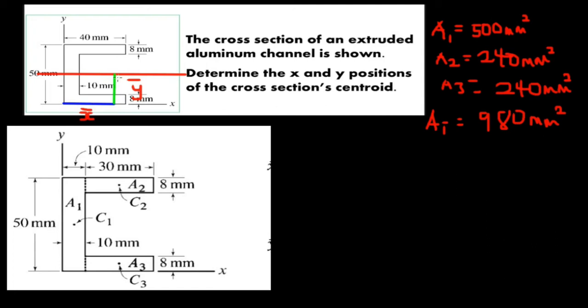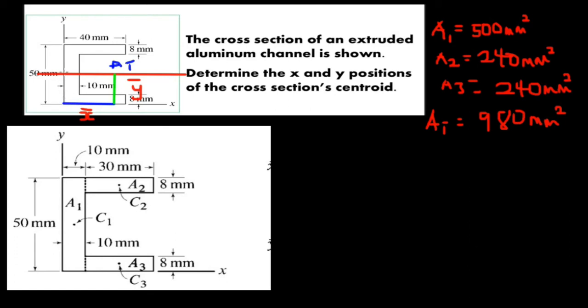Okay, so let's say I have my resultant area here. Okay, this is A. One thing you should know is that we have our y axis to be here.